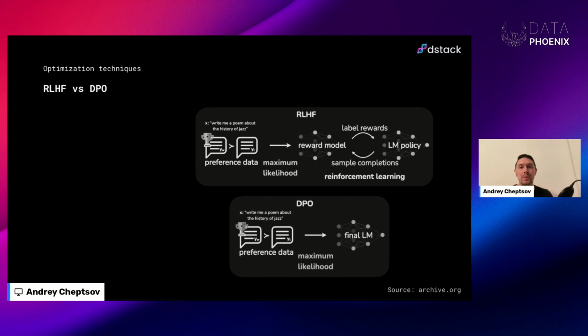Right. And recently, there is one more technique that is getting quite popular, which you have to know about. It is called DPO, direct preference optimization. It is another approach where you don't train the intermediate reward model, but you directly train the final model using the same preference data. So you need the same dataset, but you train the final model without training an intermediate model.